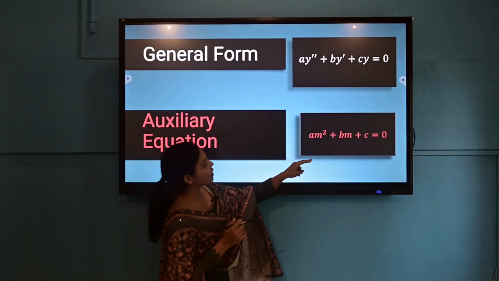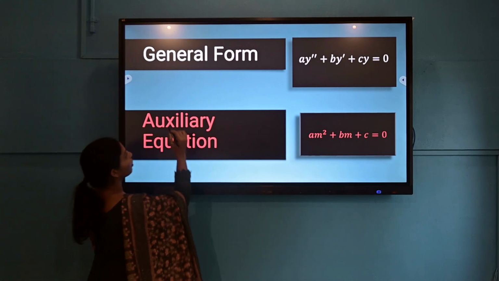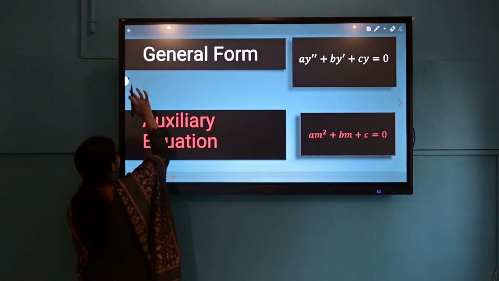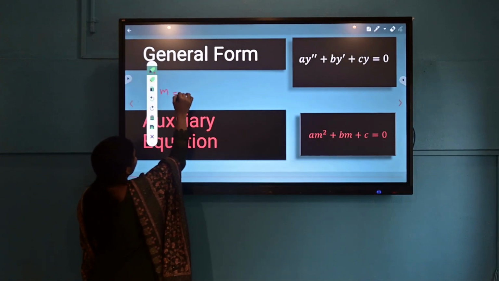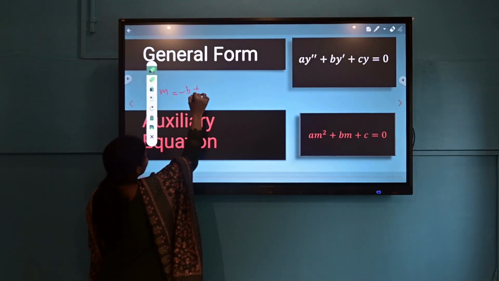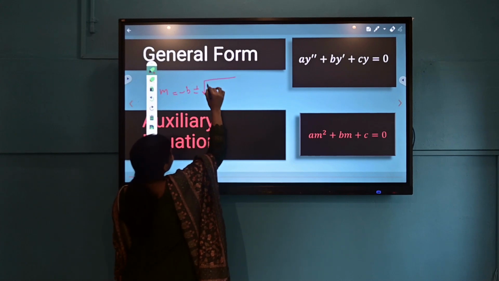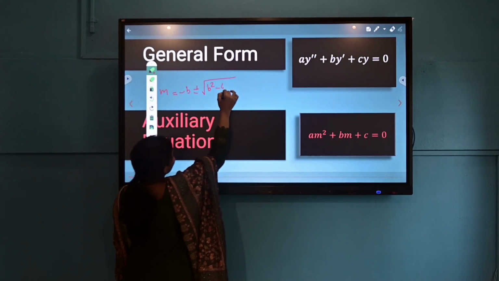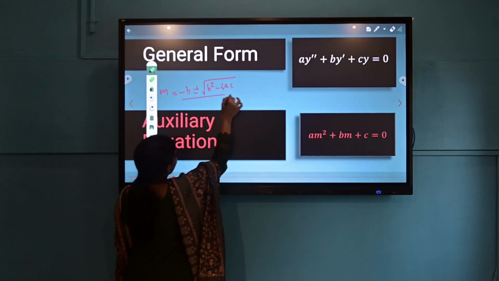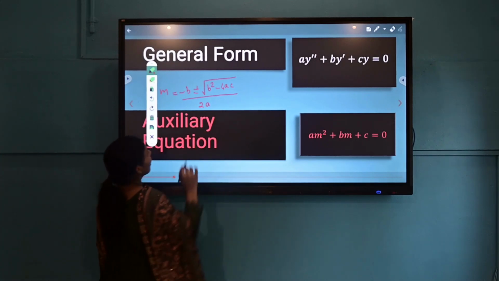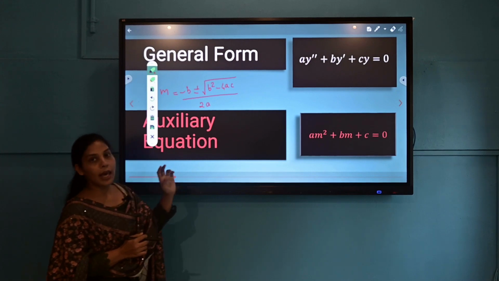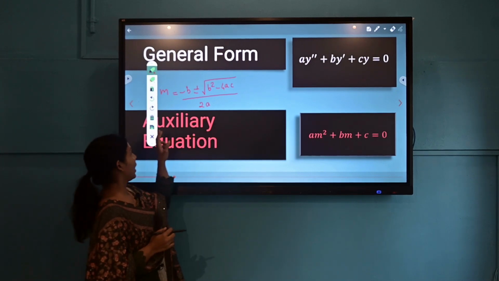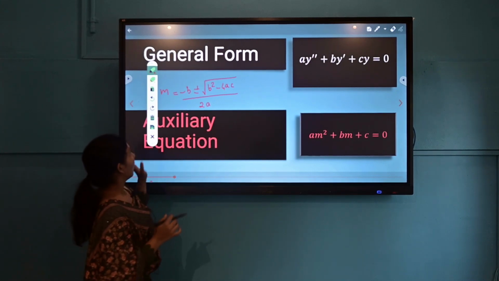We can solve this quadratic equation by the quadratic formula m equal to minus b plus or minus root of b square minus 4ac divided by 2a. While solving this, we will get two roots. Before that, we have three cases.